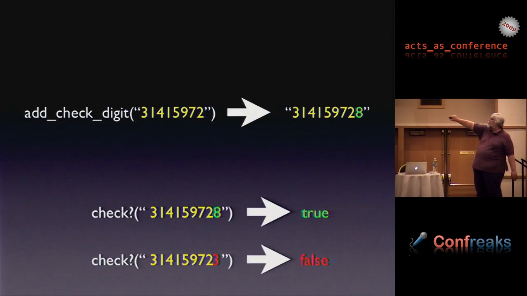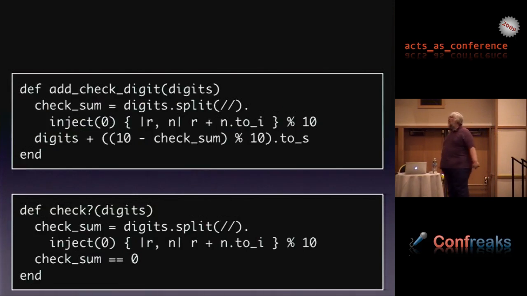So we have a method called add check digit that adds a check digit to the end of a digit string. We have a method called check that will validate true or false if a string of digits is properly checksummed. So here's the code for that. Just give you a second to digest that, but essentially what we're doing is just what I said.